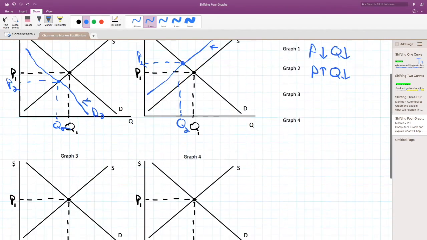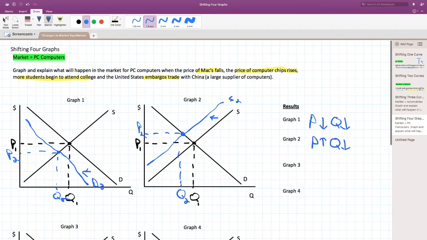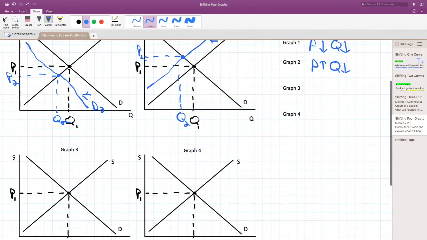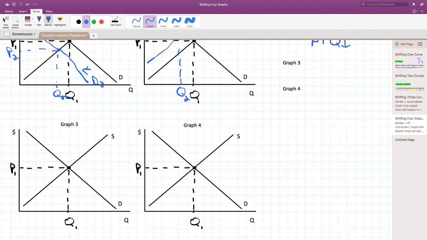Okay, let's go ahead and look at graph 3. Graph 3, more students attend college. If more students attend college, I would expect the demand for PCs to rise. College and PCs, I would argue, are probably complementary goods. When kids go to college, they want to get a new computer, so my demand curve is going to shift to the left.